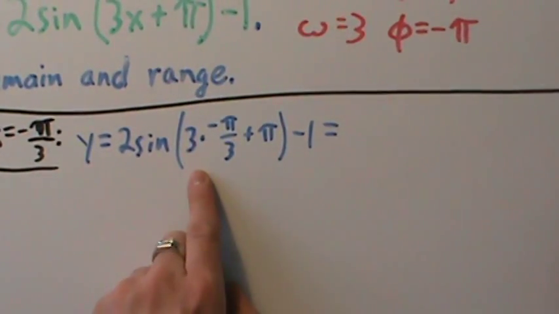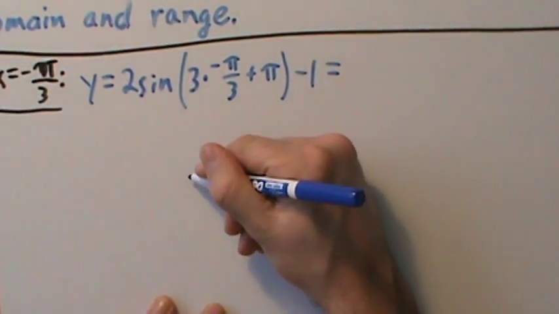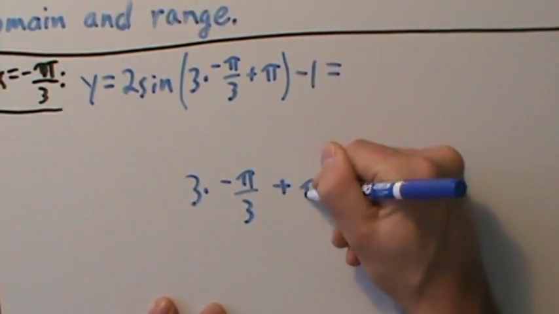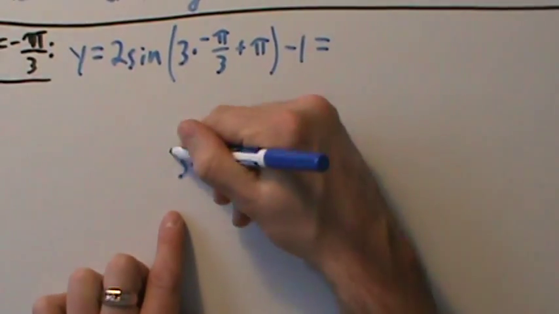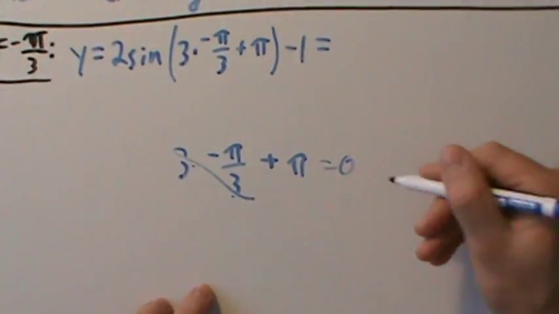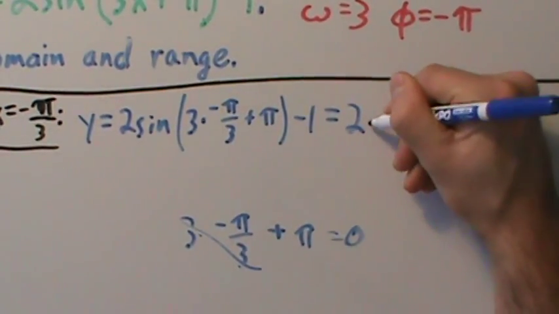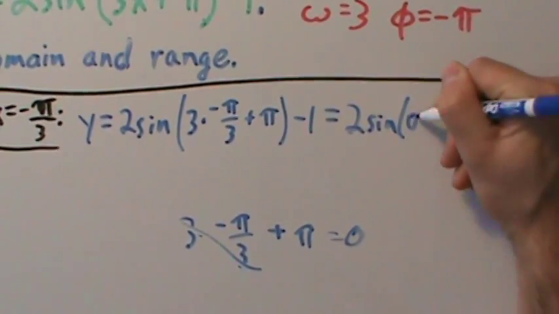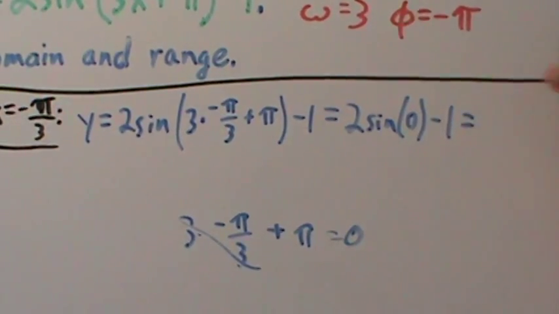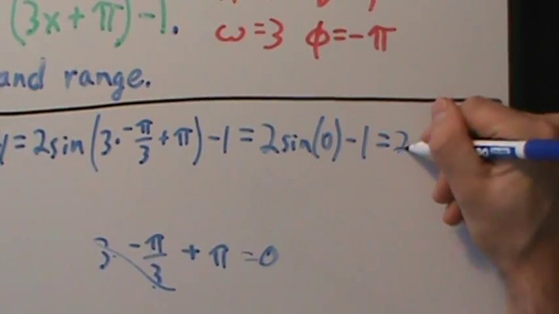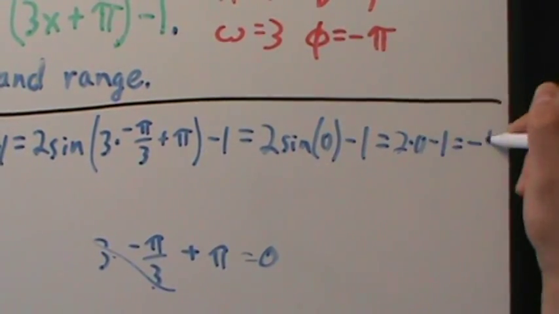Right? 3 times negative pi over 3, that's relatively simple, but let's be thorough with the details here. The 3's cancel, we end up with negative pi plus pi, which is 0. So what we have is really 2 times the sine of 0 minus 1. Sine of 0 is 0, so that's 2 times 0 minus 1, which is negative 1.